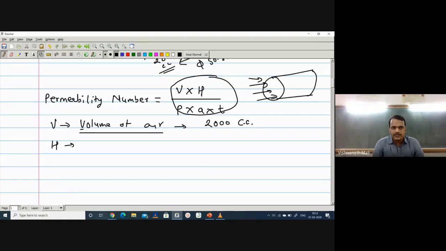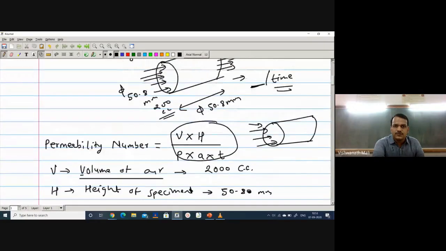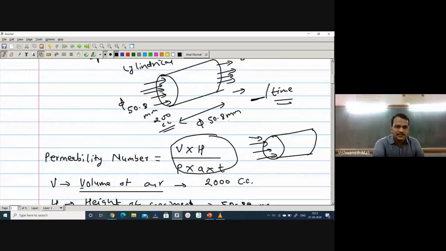Then H is the height of specimen. What is the height of specimen? That is 50.8 mm. Here you can see the standard size of specimen. Height means this length, which is 50.8.